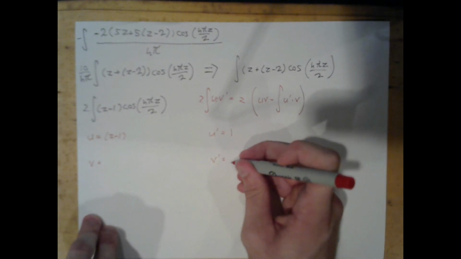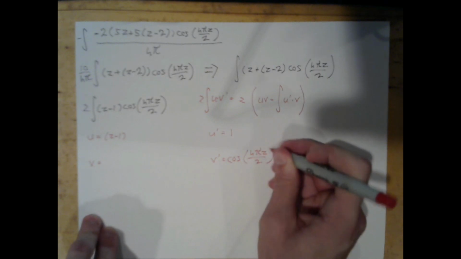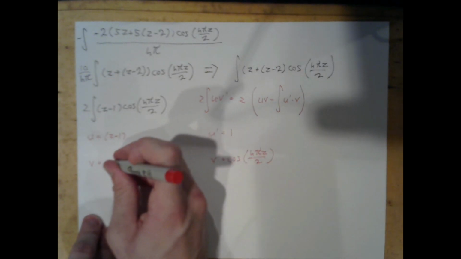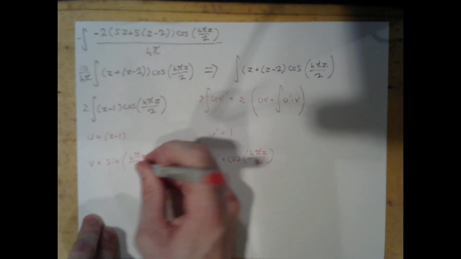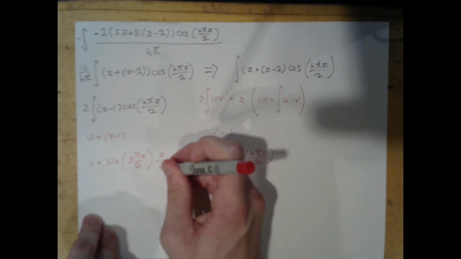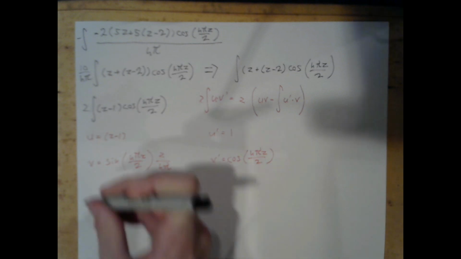We know v prime is cosine h pi z over 2. V is just going to be that repeating series, sine h pi z over 2 times 2 over h pi. Okay, so now we're going to put this all back together.